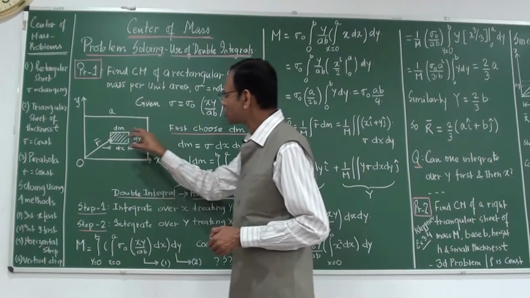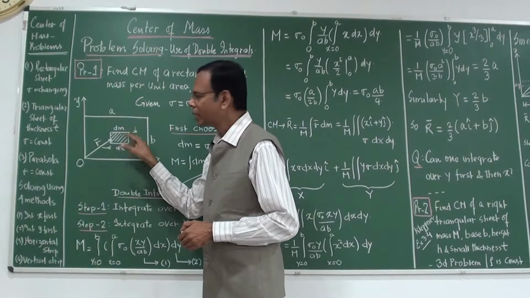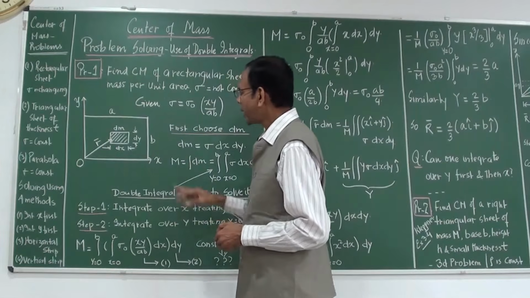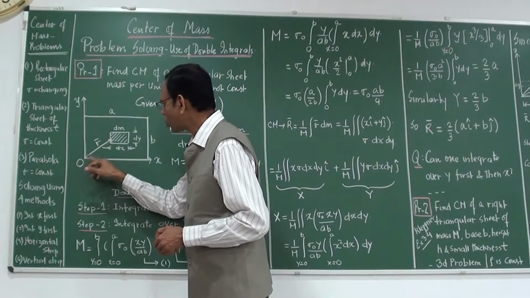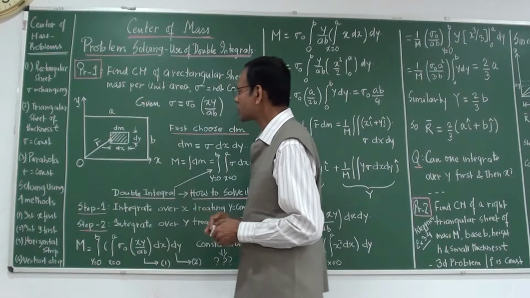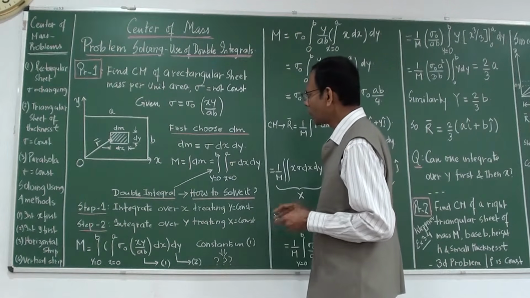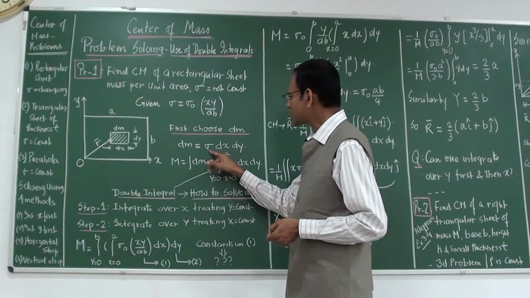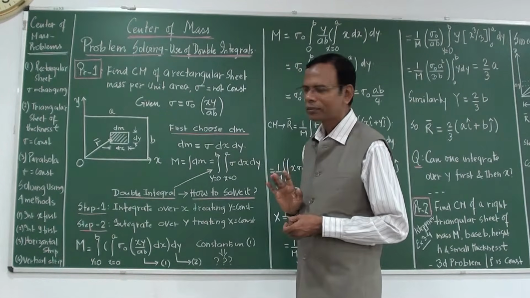So, this is a small mass dm in that sheet, and the distance from the O is r vector, that is your position vector of this small mass. So, dm, as you see, is sigma dx dy.